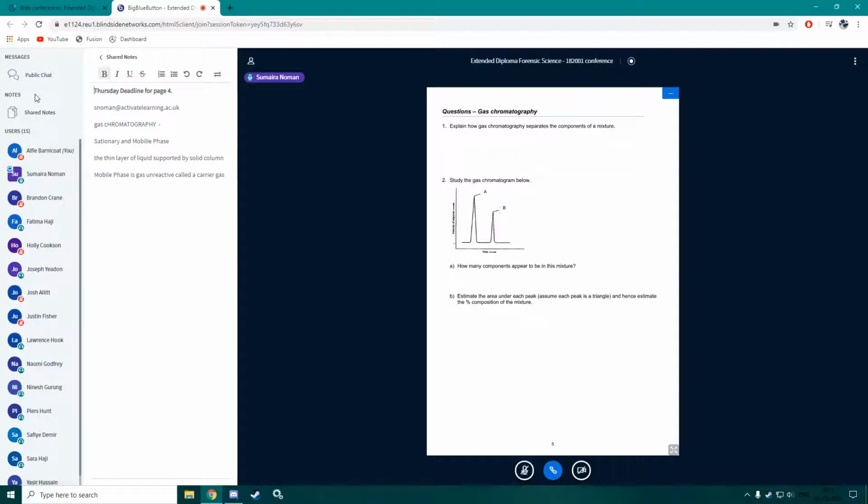The mobile phase carries the lighter components of the sample through the column faster than your components.